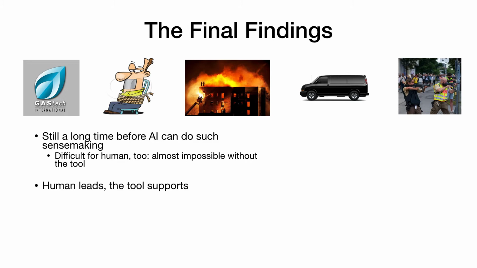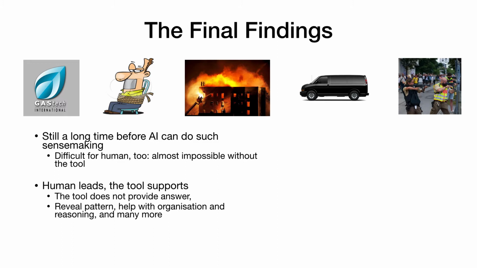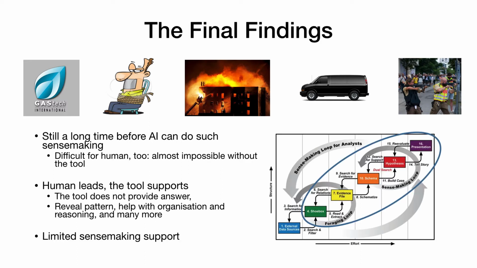As mentioned before, the tool itself does not provide answers but rather leads. The human is in control, and the tool is there to support human sensemaking, make it more efficient and effective by revealing patterns or any anomaly in the data so the human users can spot them more quickly. So going back to this previous diagram, the tools developed here provide some support to the rest of the sensemaking process.